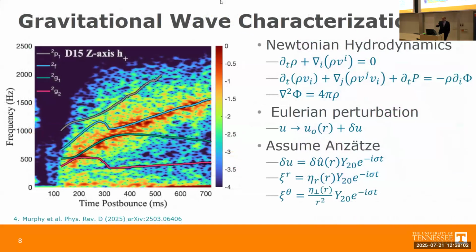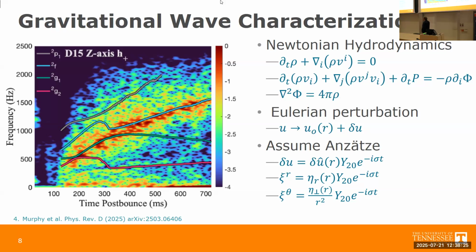But as has been mentioned, we can also do this perturbative analysis, also called a modal analysis. So when you perturb your hydrodynamic equations, you end up solving for quasi-normal, non-radial, quadrupolar oscillation modes of the protoneutron star. Henceforth, I'll just call them modes, so oscillation modes.